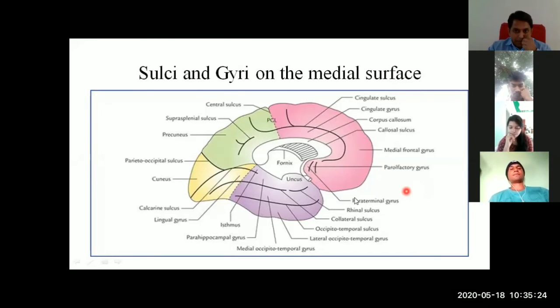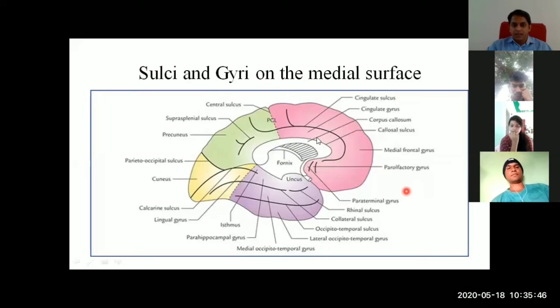Why the name para-terminal? This area is called the lamina terminalis. It terminates something here, the lamina terminalis, and the gyrus surrounding it is called the para-terminal gyrus. The para-olfactory gyrus is concerned with the olfactory part and is located right here.